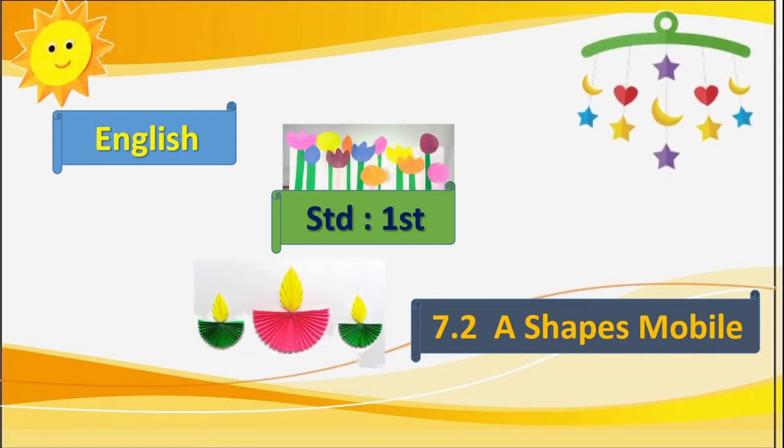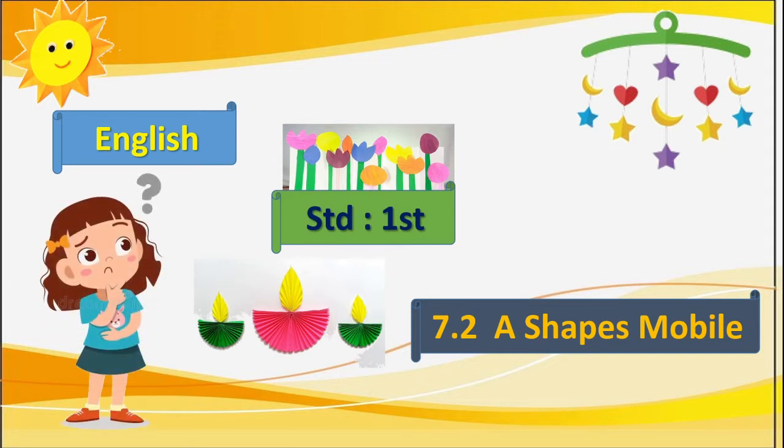Yes, today we are going to do an activity. We will make one activity by using papers, scissors, glue, etc. Now you will enjoy this. See, your friend Mona from standard first is observing all these objects.